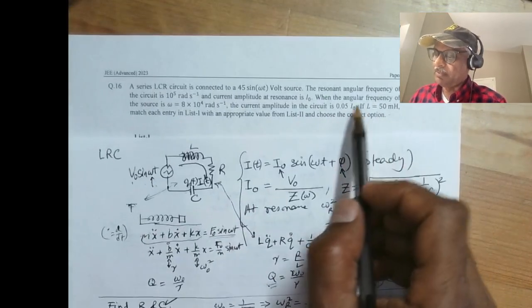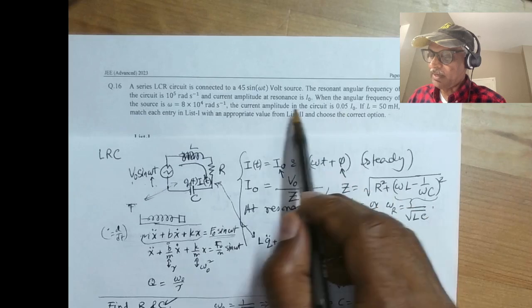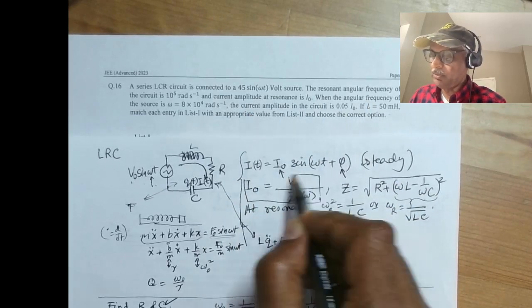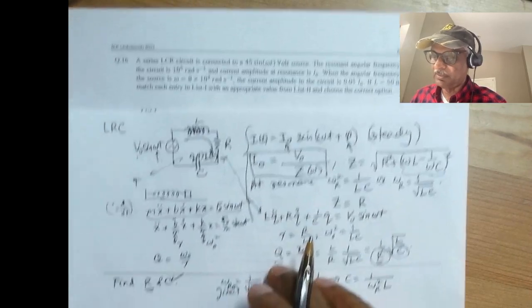What's given is the current amplitude. The current at two different frequencies is given.